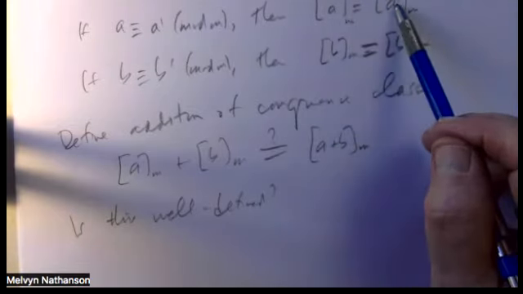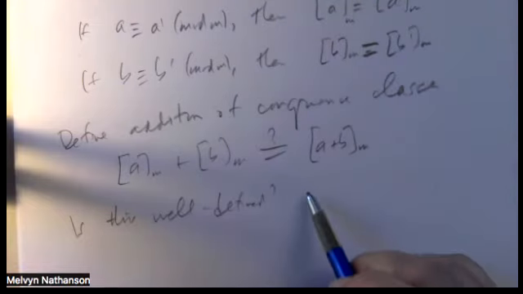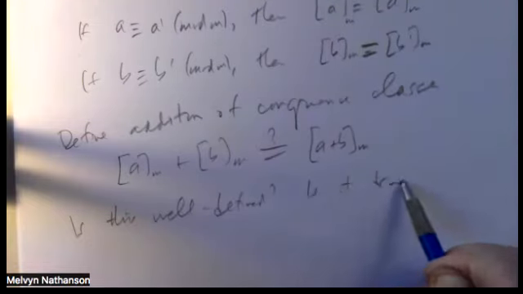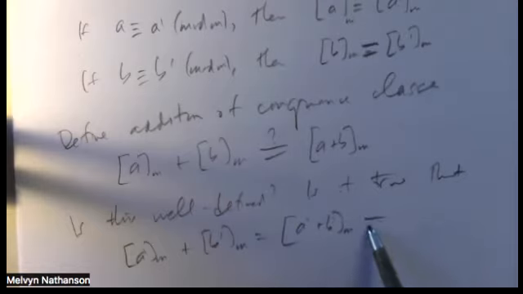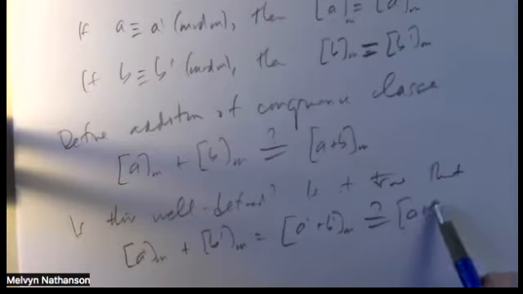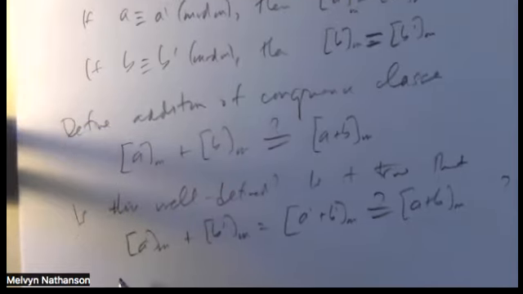What that means is, if A and A prime are in the same congruence class and B and B prime are in the same congruence class, is it true that the congruence class of A prime plus the congruence class of B prime, which by this definition would be the congruence class of A prime plus B prime, is equal to the congruence class of A plus B? And the answer is yes.